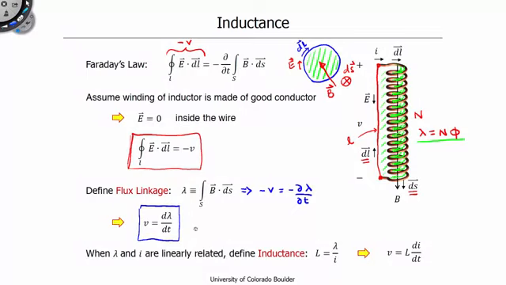We can argue that if the material through which the magnetic field is passing is linear, then lambda would be proportional to the current I. Why?